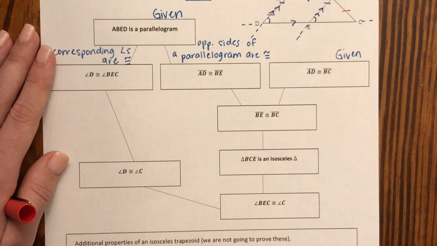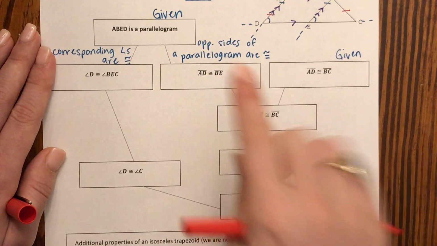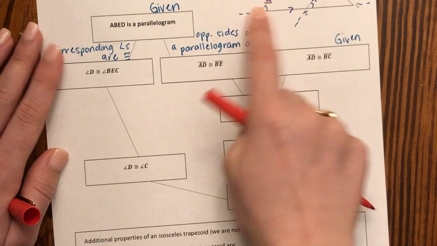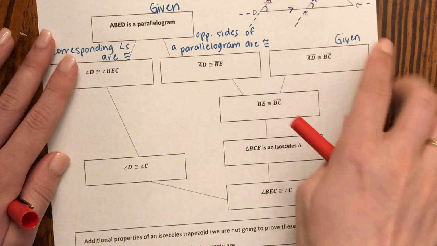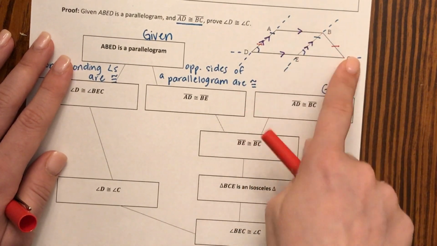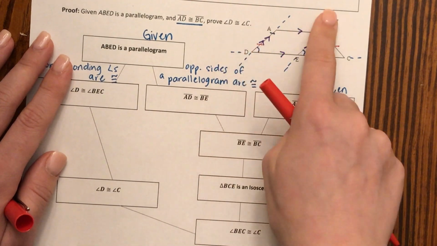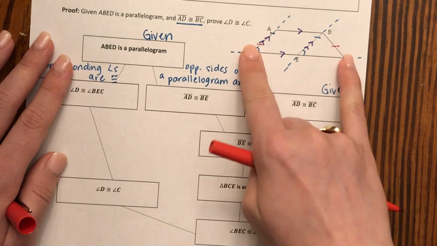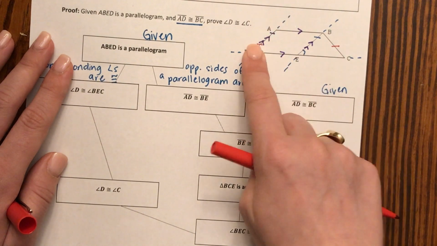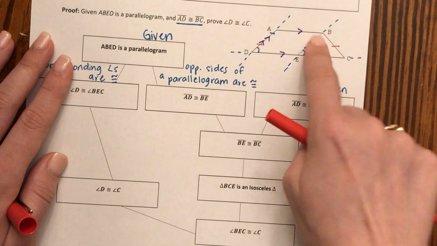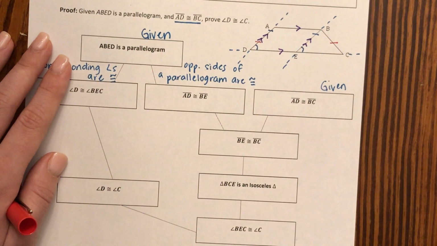Okay. So let's start here. If AD and BE are congruent and AD and BC are congruent, what it's saying is BE and BC must be congruent. So one more time. If AD and BC are congruent, so they're red, and then AD and BE are congruent, the blue, the red and the blue over here must be congruent, right? Duh. That's called the transitive property.